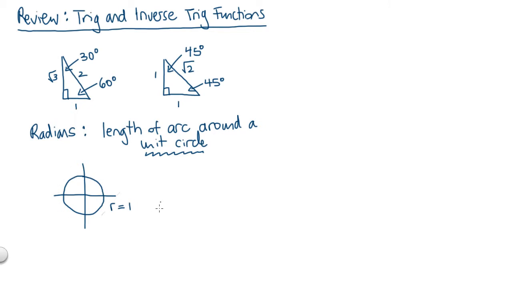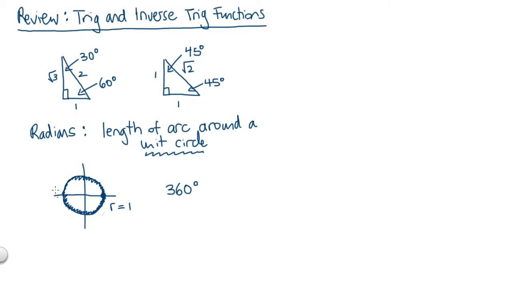And if we want to talk about an angle, we can talk about it in degrees, say 360 degrees. Or we can talk about that angle in radians. So let's imagine starting here and then rotating through an angle of 360 degrees. So that would be a full rotation. And we can look at what the length of the arc is that we traveled around. Well, we traveled around a full circle in that case.